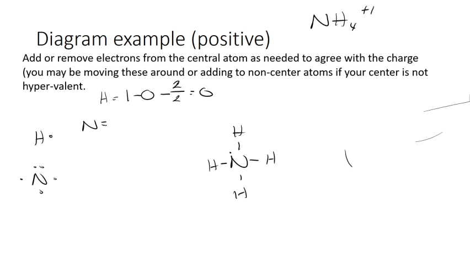Nitrogen right now has 5 valence electrons, and we've got 1 electron that's not in a bond.